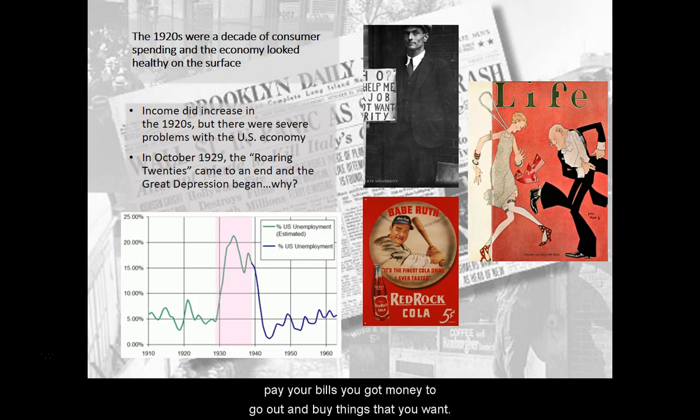So after you pay your bills, you've got money to go out and buy things that you want. Not only this, but we see the rise of more products being made using Henry Ford's assembly line. So you can make new and awesome inventions for cheaper and much quicker.